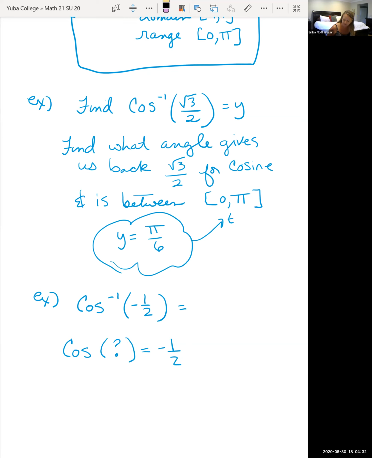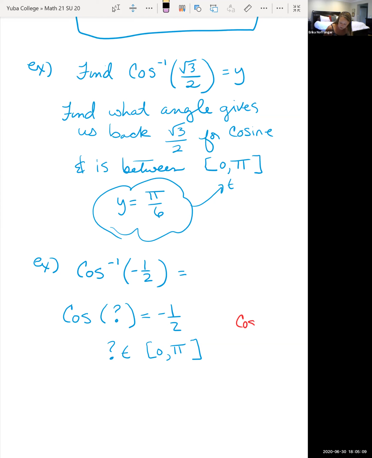So we know cosine of pi thirds is 1/2, but we want it to be negative. And so we have to think about it between 0 and pi. If I'm thinking on the unit circle, that's in quadrant 2.